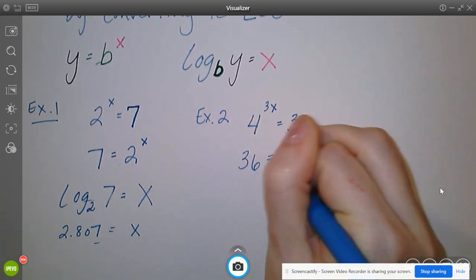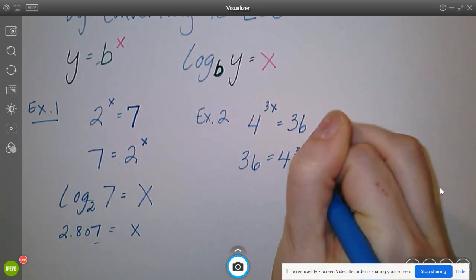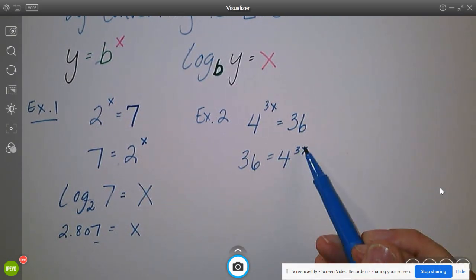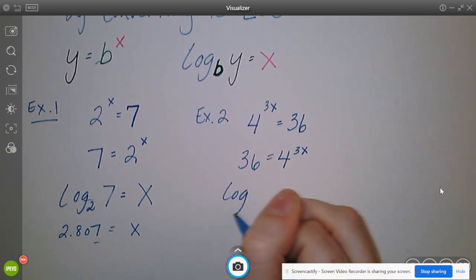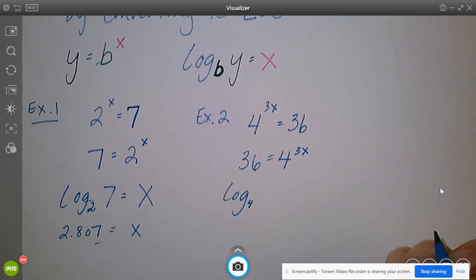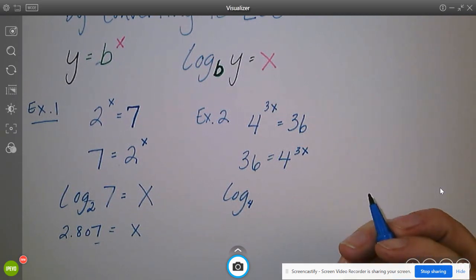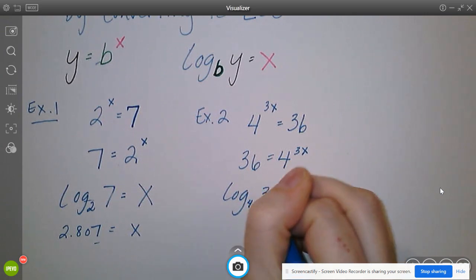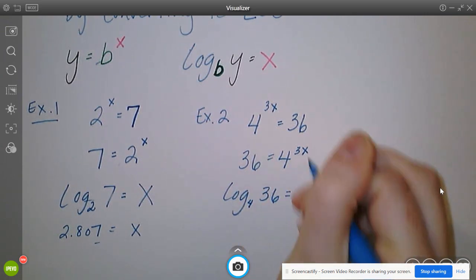And if that helps you see what these pieces are, that's totally fine. Okay, so this is my y, this is my base, this is what my exponent is. So again, I'm going to write the word log. My base is 4, so baby 4. And I'm taking the log of the y, and in this case that's 36, and all of that equals my exponent, 3x.